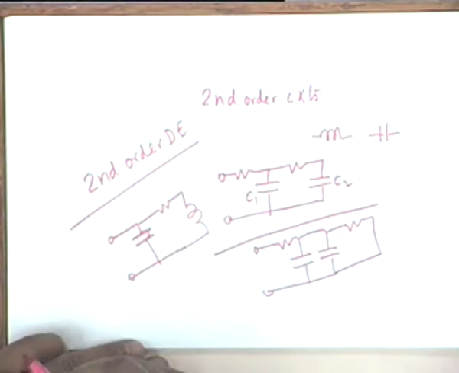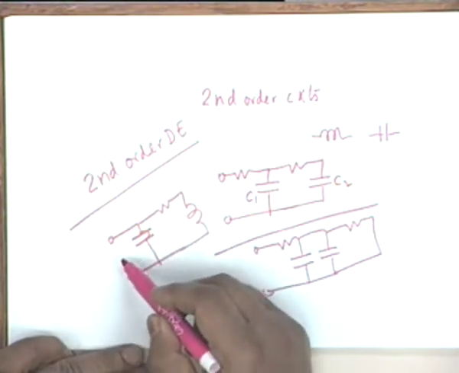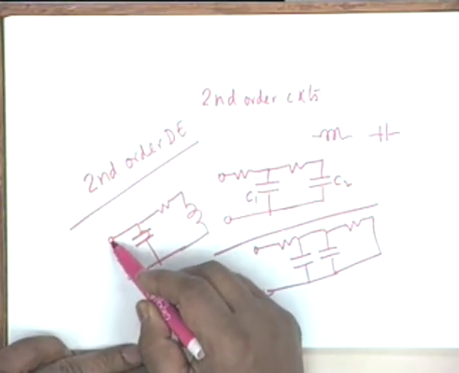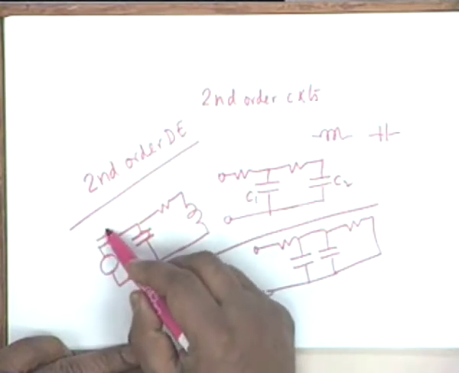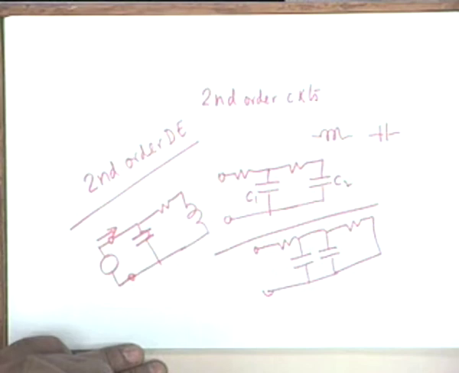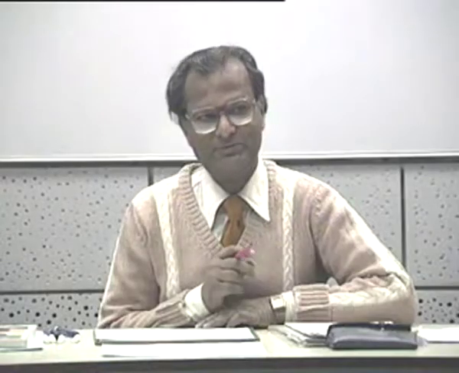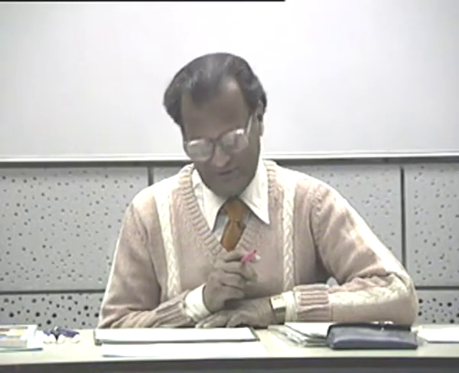This is a second order circuit, but when you are determining the current response to an excitation from here, it becomes a first order circuit. Is that clear?